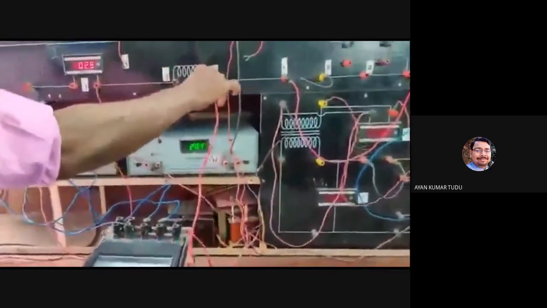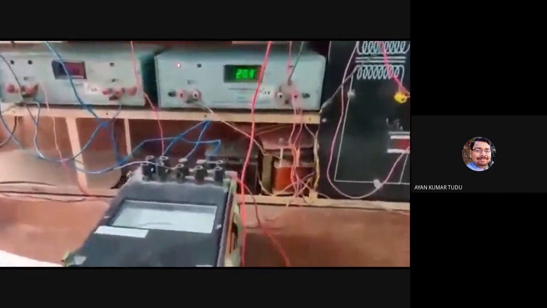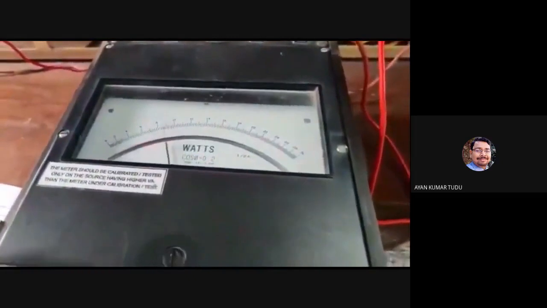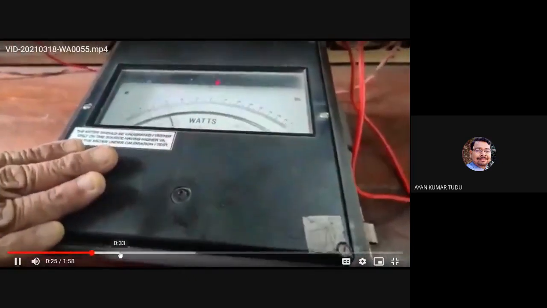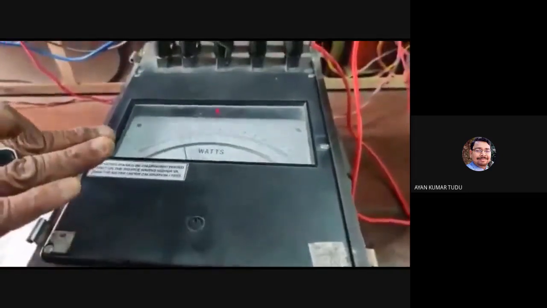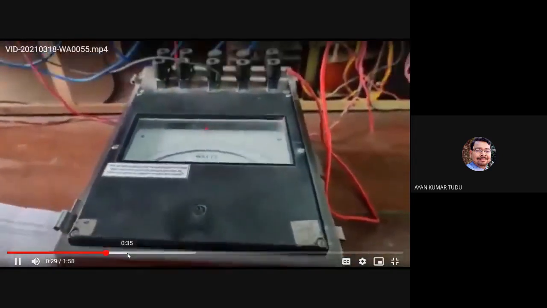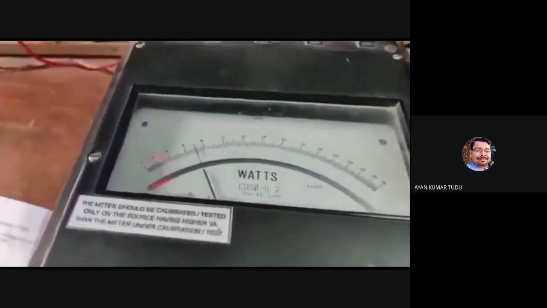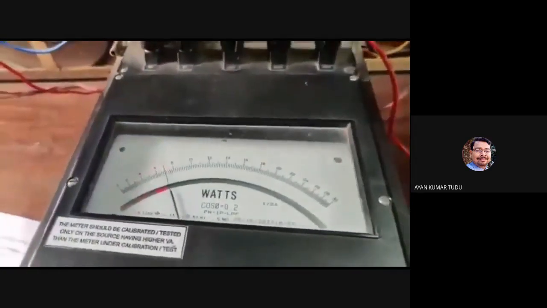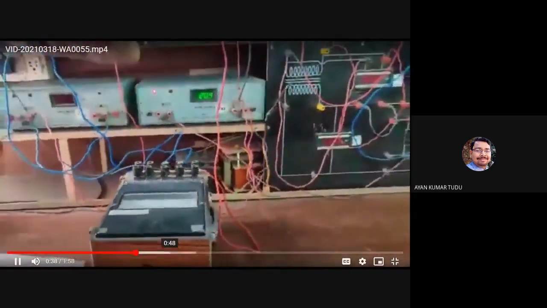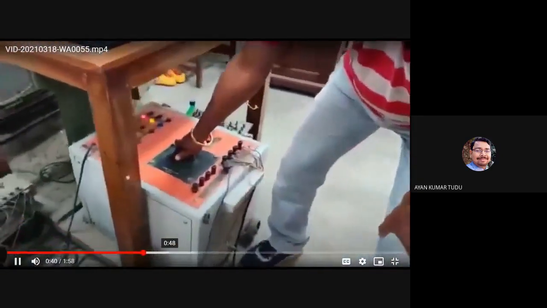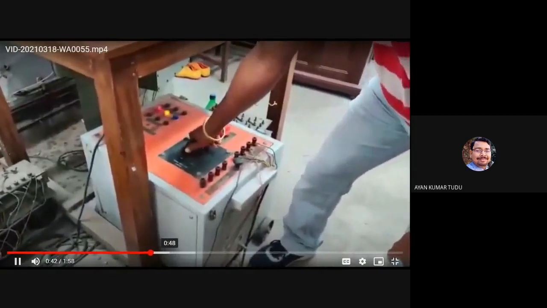Next we will measure the receiving end power by using the same wattmeter. Power at receiving end. Next we will change the delta angle to 80 degree.